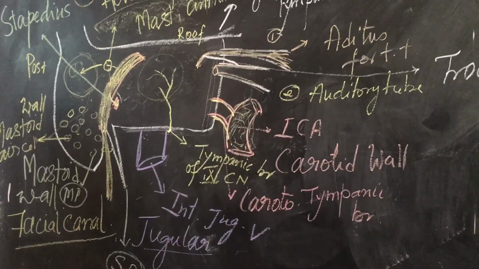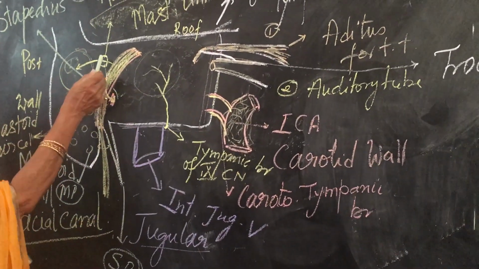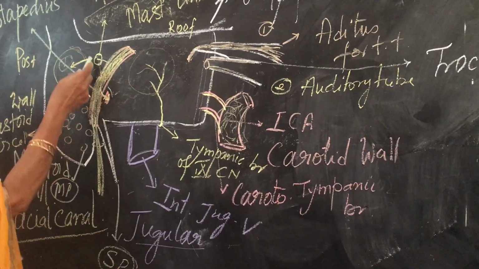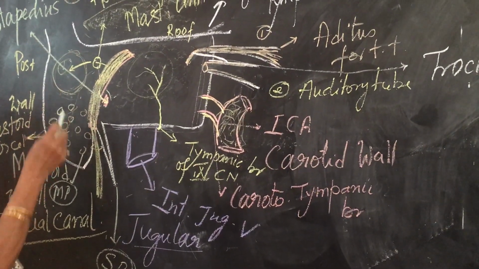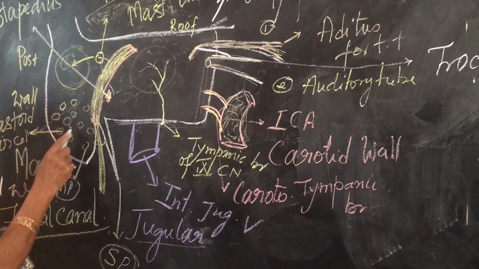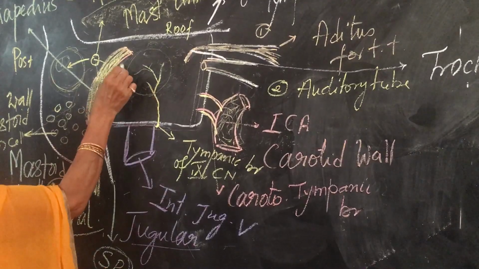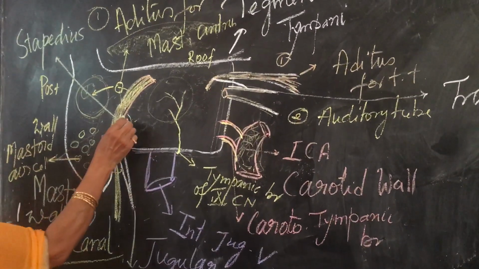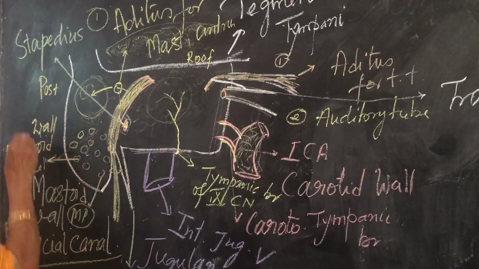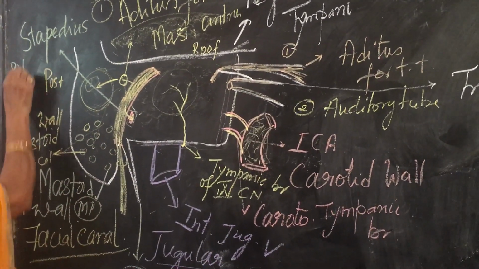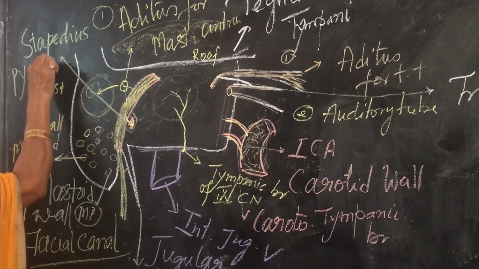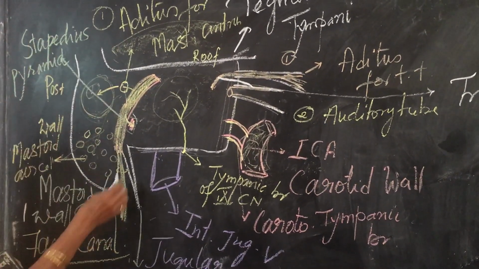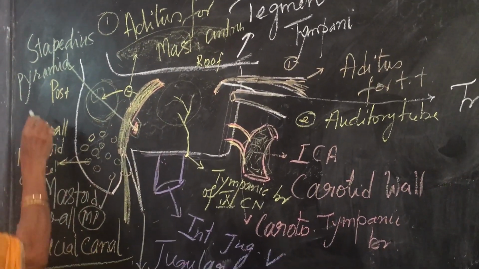So in the posterior wall you have the aditus for the mastoid antrum, where it communicates with the mastoid antrum and mastoid air cells. Next is the facial canal. Next is the stapedius muscle. This stapedius muscle is embedded in bone. You call it the pyramid.